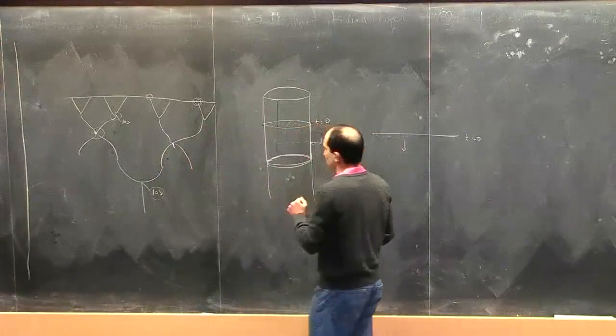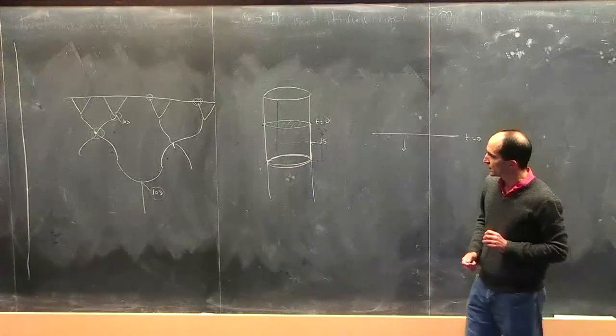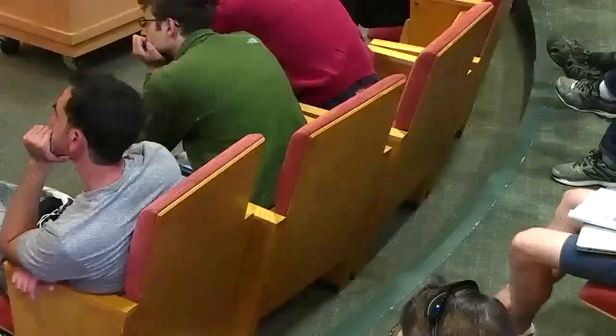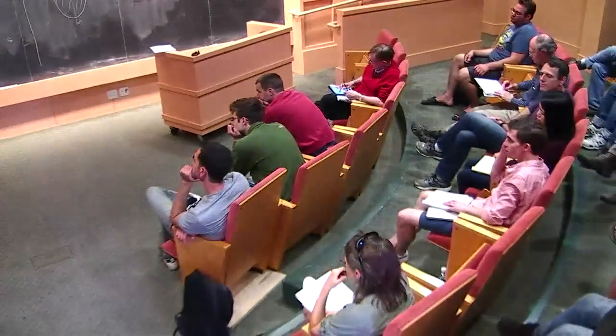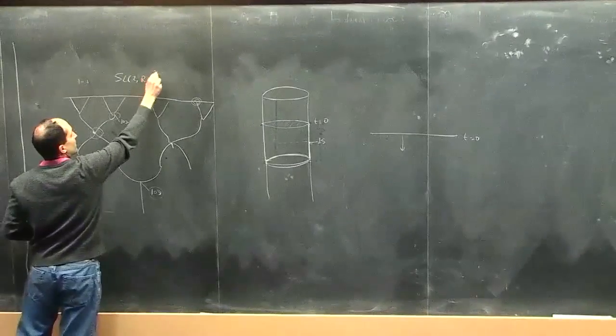So how much of the symmetry of de Sitter is reflected in the tensor network? The tensor network preserves a discrete subgroup of the symmetry group. If we are doing a 1D CFT, the full symmetry group is SL2R squared, right?